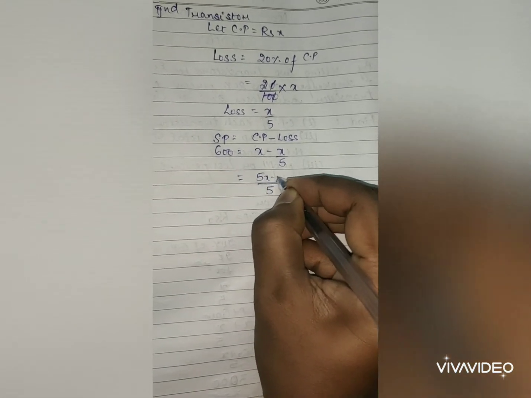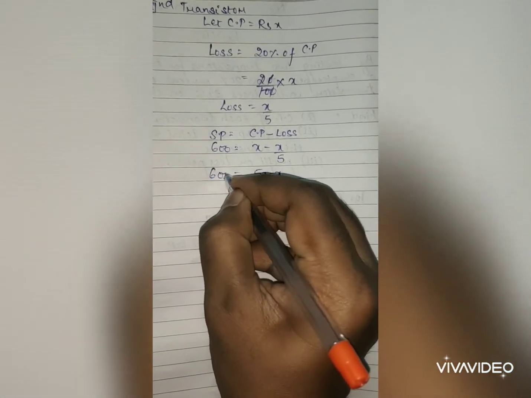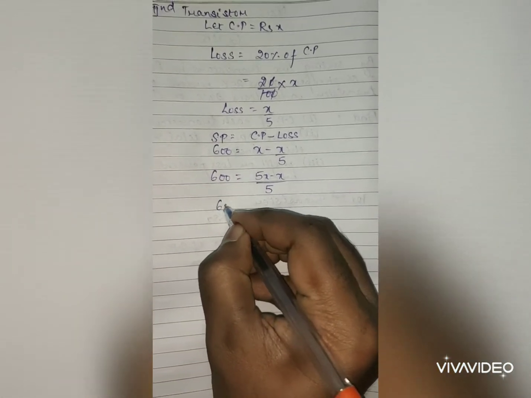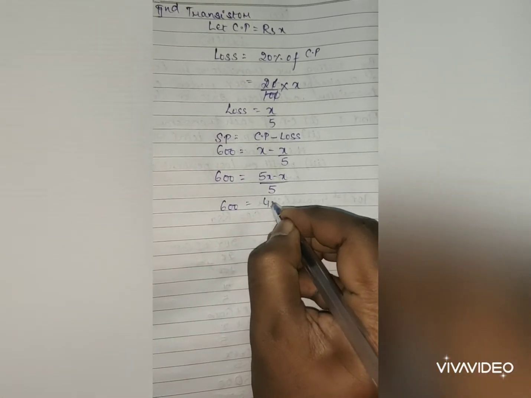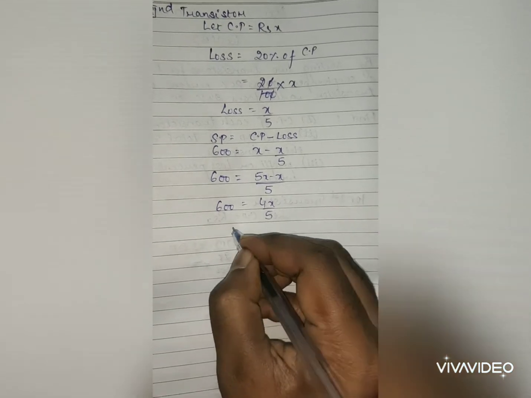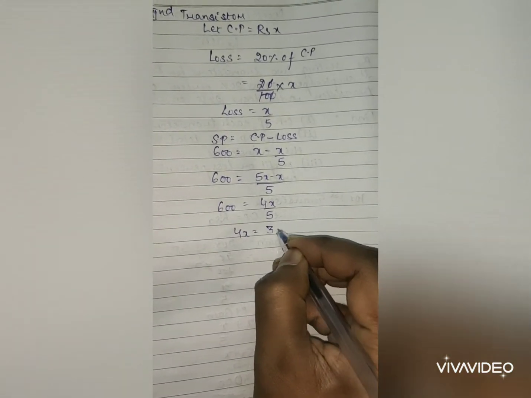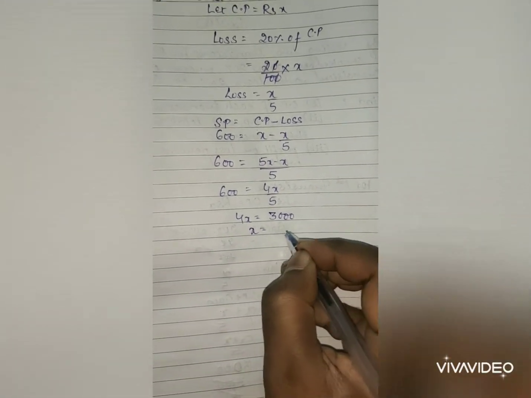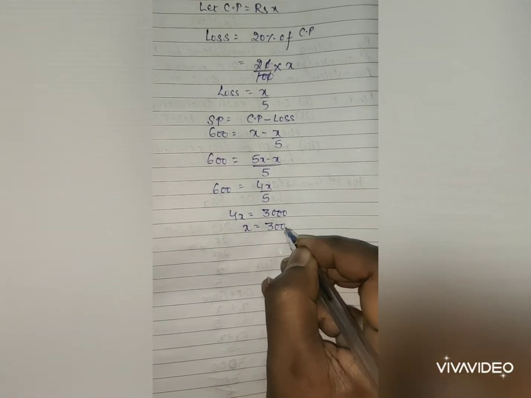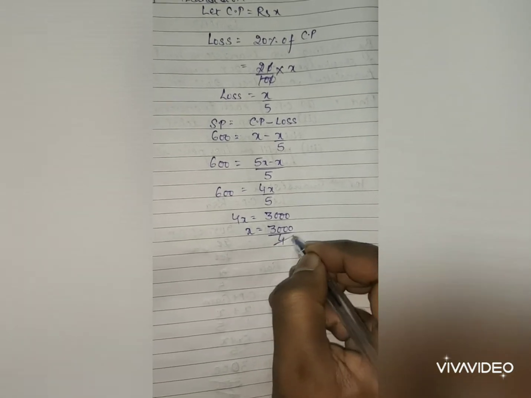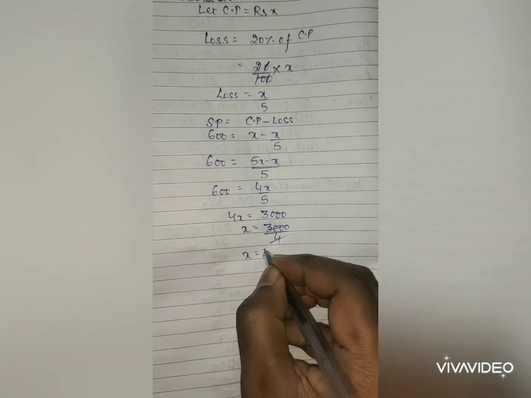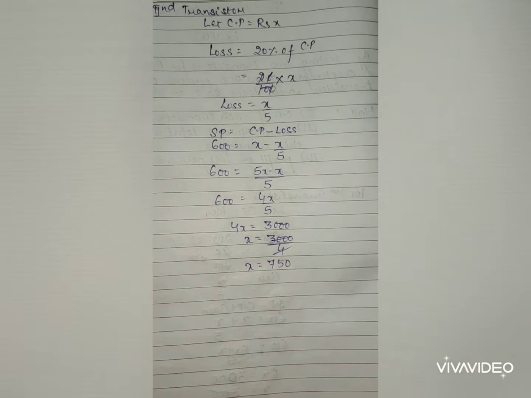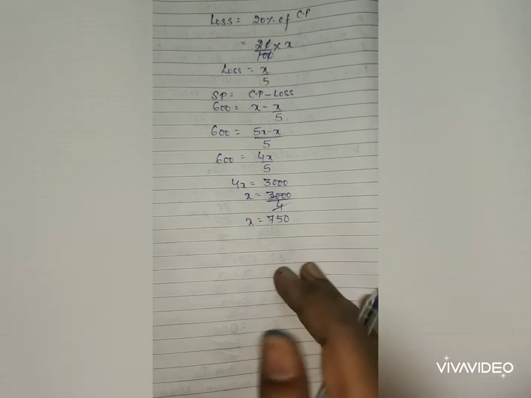This will be 5X minus X, again this will be 4X upon 5. So 4X is equal to 3000. So X is equal to 3000 divided by 4. You will get 750. I hope it is clear.